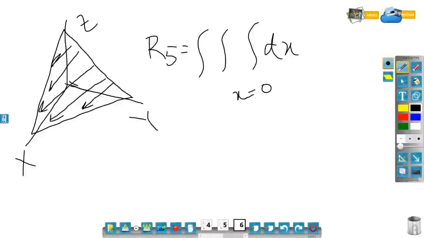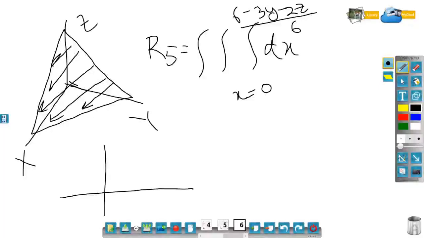Tetrahedron equation is 6x plus 3y plus 2z is equal to 6. So x equation will be 6 minus 3y minus 2z divided by 6, right? And the projection will be when x is equal to 0, then 3y plus 2z is equal to 6.